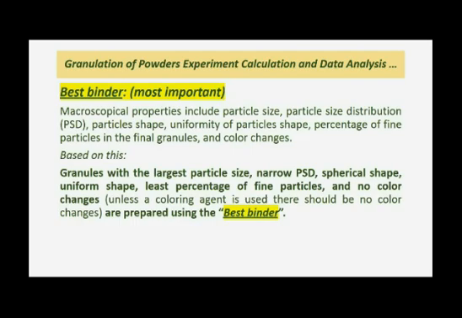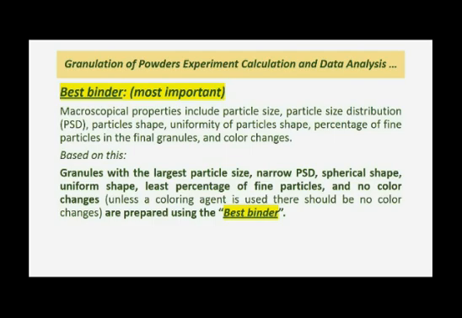As we said, this will be determined based on macroscopical properties of our granules. These macroscopical properties include particle size distribution, particle shape, uniformity of particle size and shape, percentage of fine particles in the final granules, and color changes.